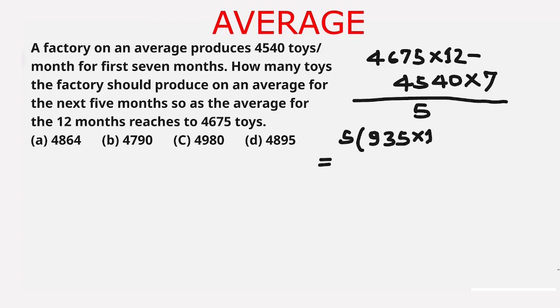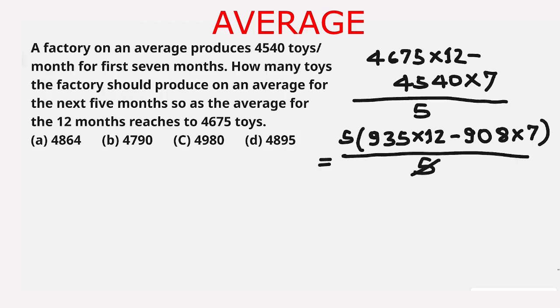Multiplied by 12, minus 5 divides 4,540. 5 times 9 is 45. We carry 4. 4 is not divisible by 5, so we put 0 and carry 0. So it becomes 40. 5 divides 40 for 8 times. Multiplied by 7. Divided by 5. And the 5 of the numerator cancels the 5 of the denominator.